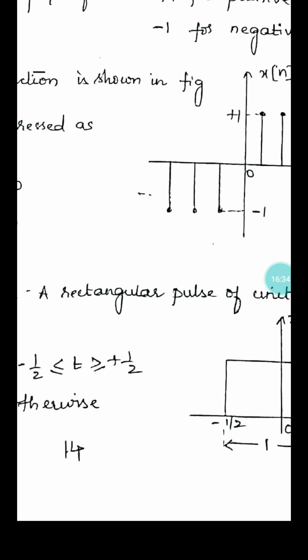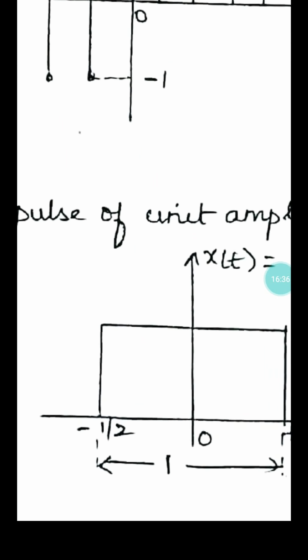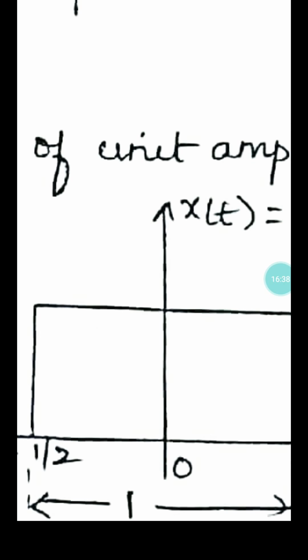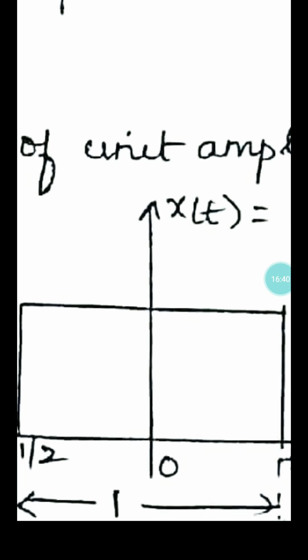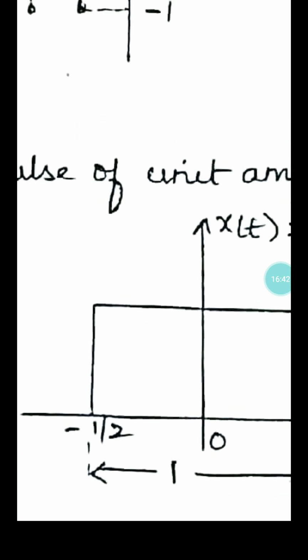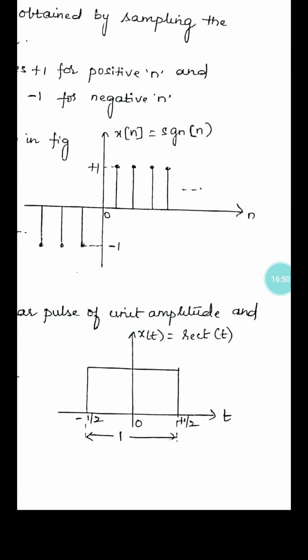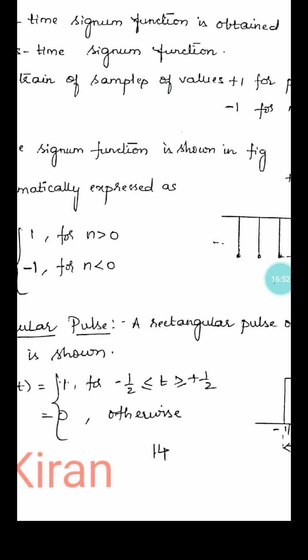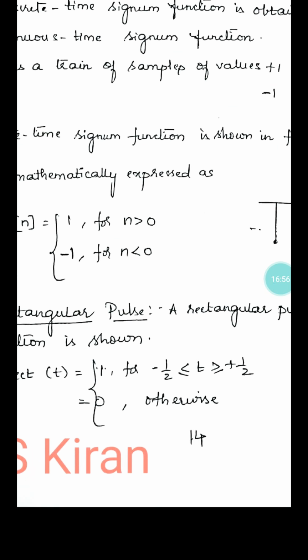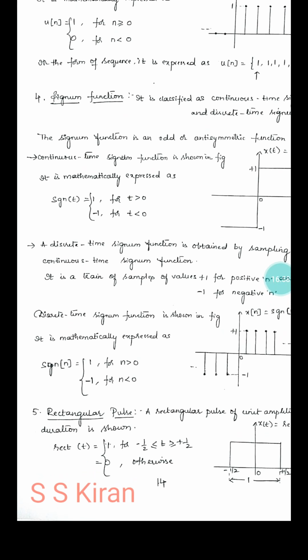Otherwise it is treated as 0. This is the rectangular pulse.